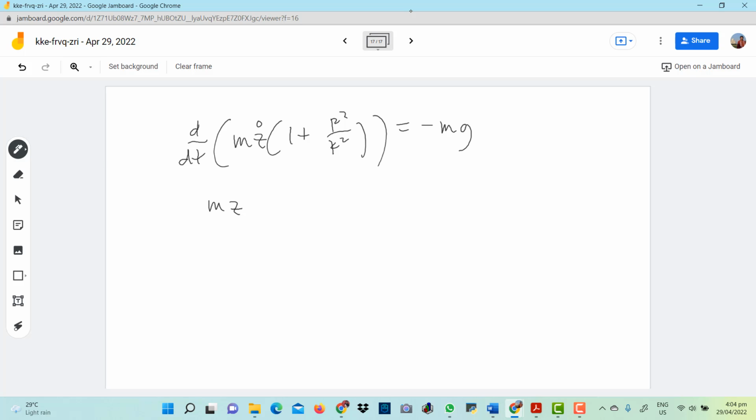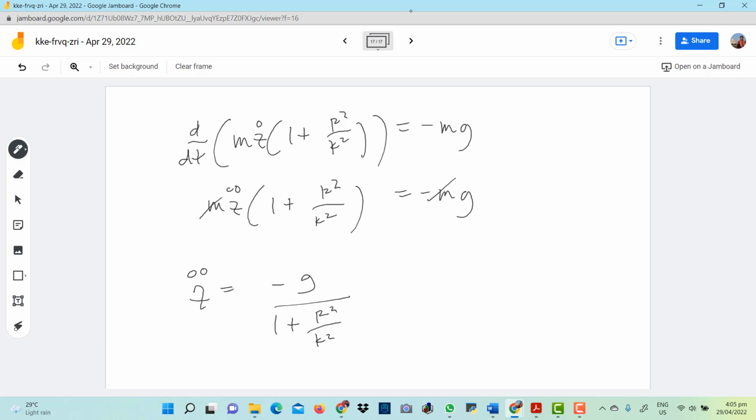So we have m z double dot (1 plus r squared over k squared) equal to minus mg. Take note, m, r, k are constants. From that, you can cancel out the m. Solving for z double dot, that's equal to minus g over (1 plus r squared over k squared), which is just equal to minus g (1 plus r squared over k squared) raised to the power of negative 1.